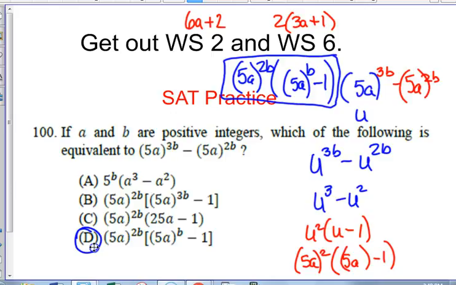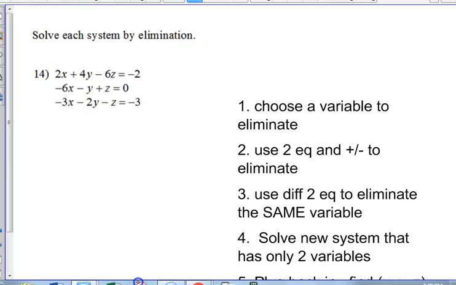But yeah, absolutely, that's always a great strategy. Okay, if you decided to let A be 2 and B be 3, plug them in, see what you get up here, plug them in down here, see which one gives you the same answer. When you're picking things like that, don't pick 1 or 0, because then a lot of times 3 of them might be the same down there if you put in a 1 or a 0. Does that make sense? Good, good, good.